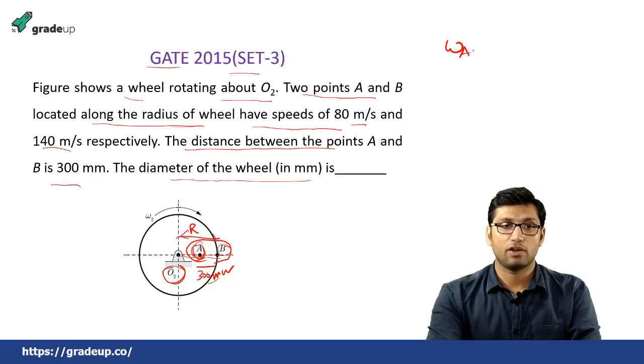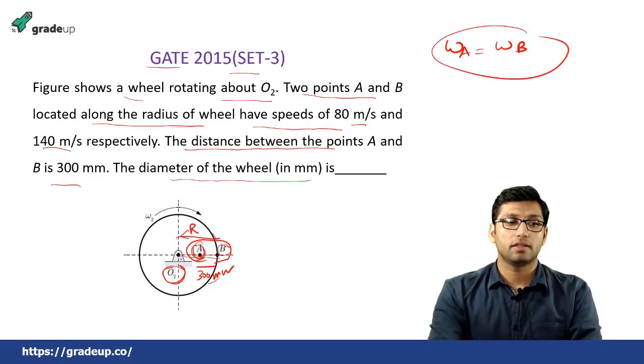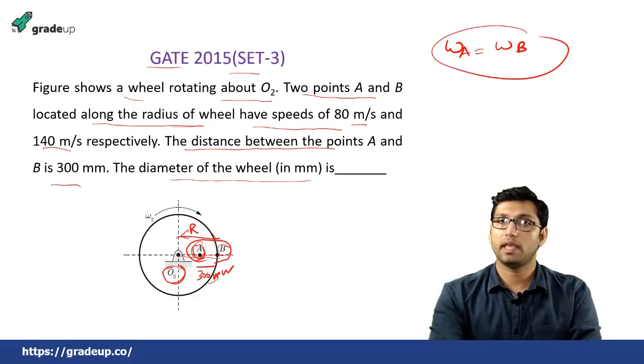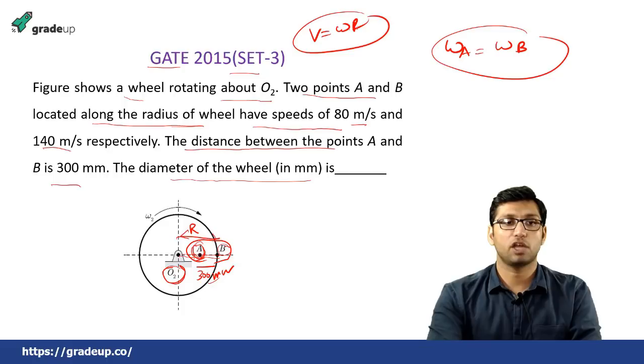That is, the angular velocity of A will be equal to the angular velocity of B, because these 2 points are located along the radius of this rotating body. We know that V is equal to omega R, linear velocity is equal to angular velocity into radius. So angular velocity will be equal to V by R.